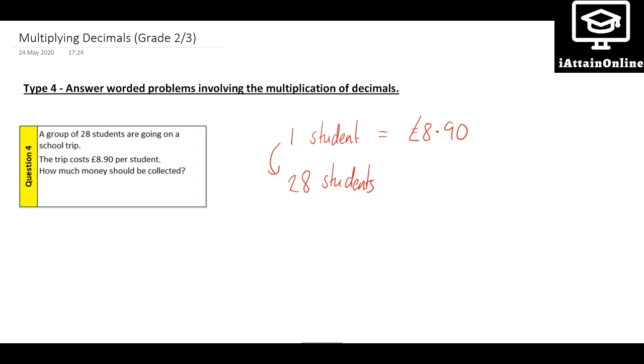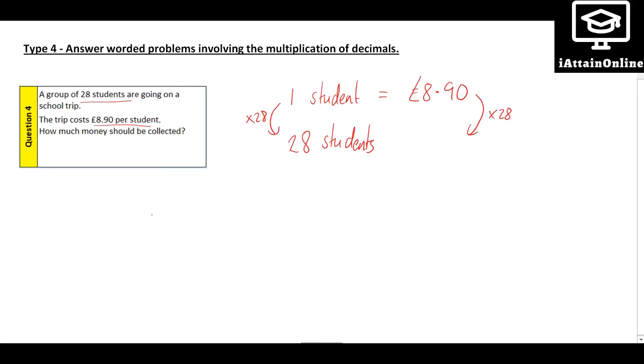Because we've multiplied the number of students here by 28, we also need to multiply the price of one student by 28. The key here is picking out the information from the question. 28 students, £8.90 per student. And hopefully you can see that to work this one out, we're going to be doing 28 multiplied by £8.90.